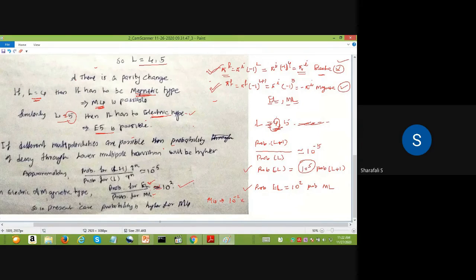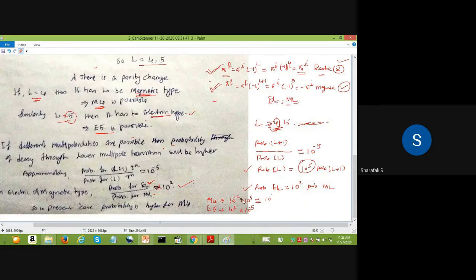And then you have 4 here, which means you will get a higher probability, that is 10 raised to 5. If you consider the other one, E5, electric, that will give you an advantage of 10 to the power 2 of the probability. And the 5, which is larger than 4 by an order of 1, will give you a disadvantage of order minus 5. So this is approximately 10 to the power 3. Okay, in both cases it will give you 10 raised to minus 3. So you have to choose the fourth one in this particular case.